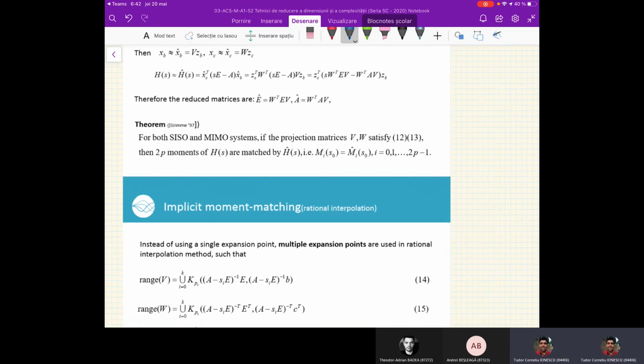Grimme is a PhD student who had his thesis on this subject.